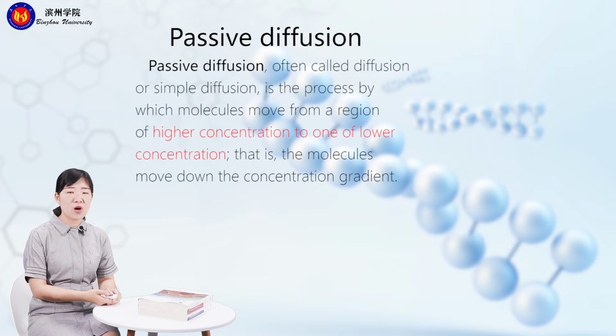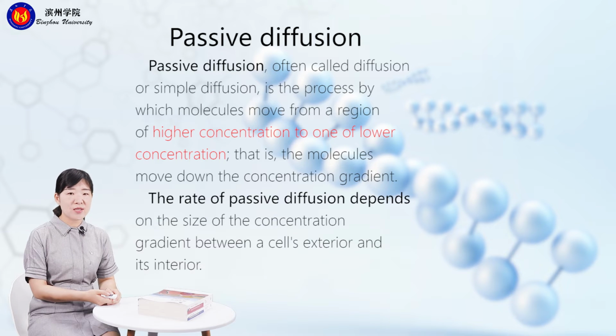Passive diffusion, often called diffusion or simple diffusion, is the process by which molecules move from a region of higher concentration to one of lower concentration. That is, the molecules move down the concentration gradient.